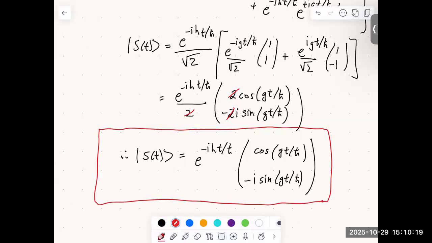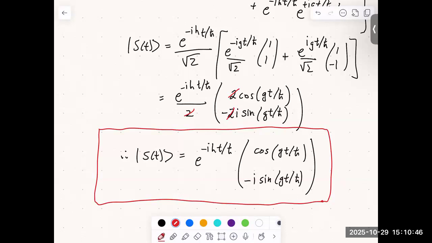So I'll get 1, 0. That's our initial state. So at least it does correspond to our initial state. But when this combination is equal to pi by 2, I'll be in 0, 1, or 0, minus i. When I'm at pi, I'll be in minus 1, 0. When I'm at 3 pi by 2, I'll get plus i and 0, 0 and plus i.